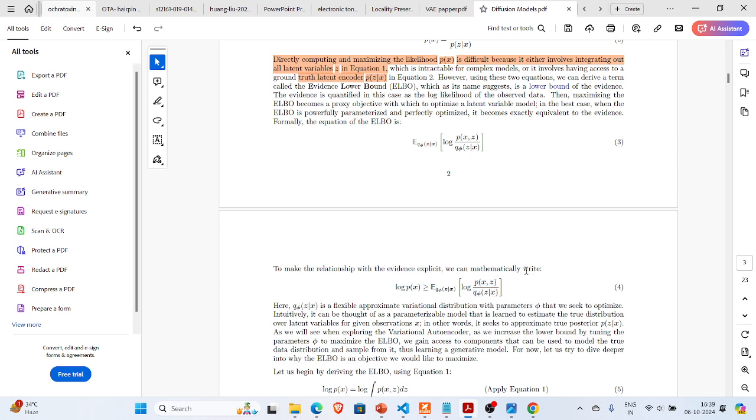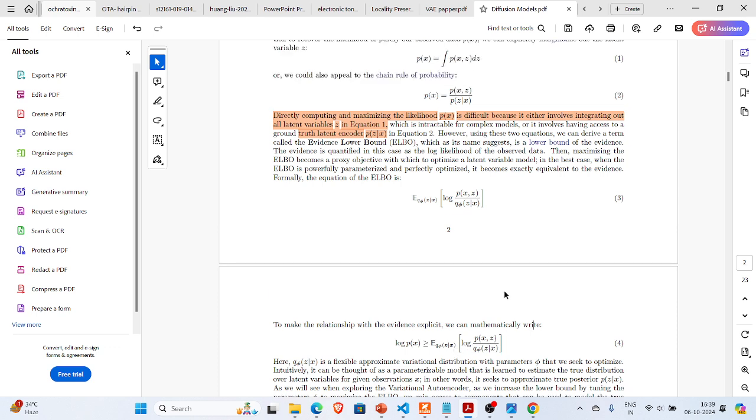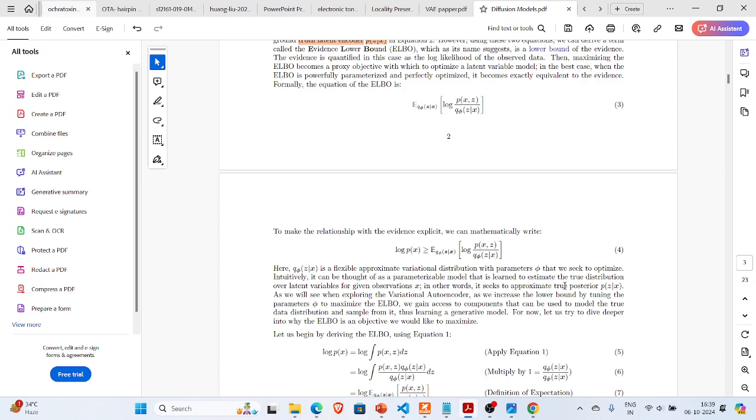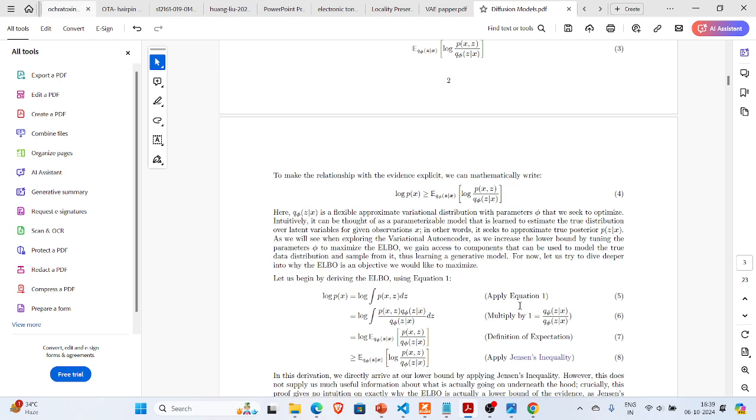There's a derivation of this as well, but I'm not going to show it here. Okay, so this remains valid: expectation with respect to q phi of this is always less than log p(x). The derivation is here, no problem.